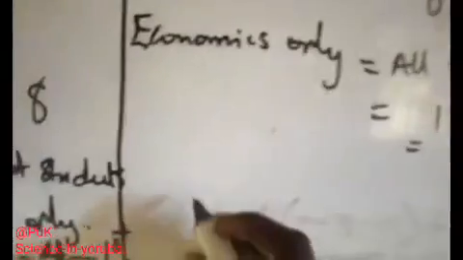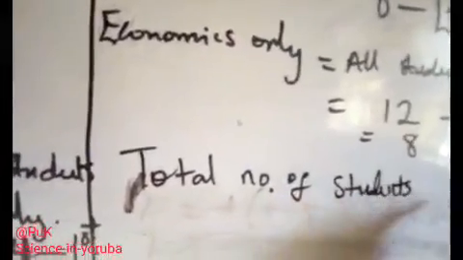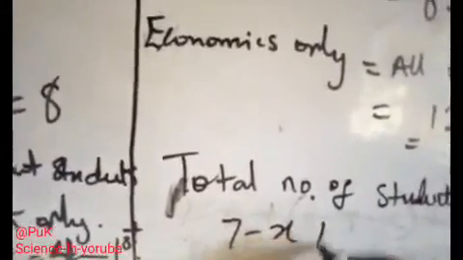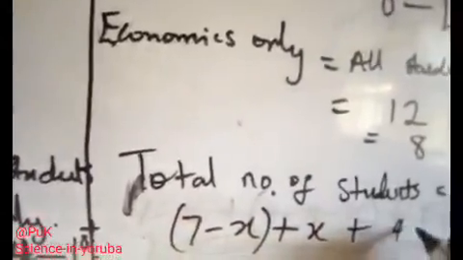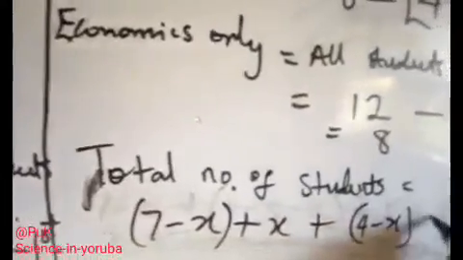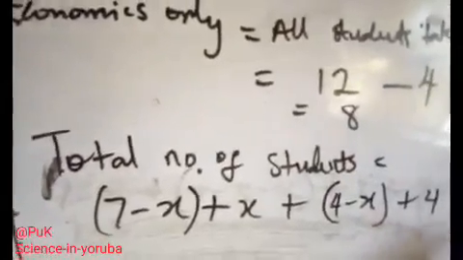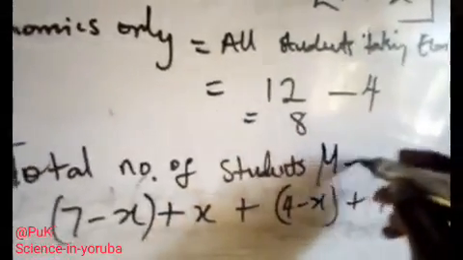The total number of students will be 7 minus x plus x plus 4 minus x, which is y, plus 4 plus 8, which is equal to the total number of students given to us, which is 22.